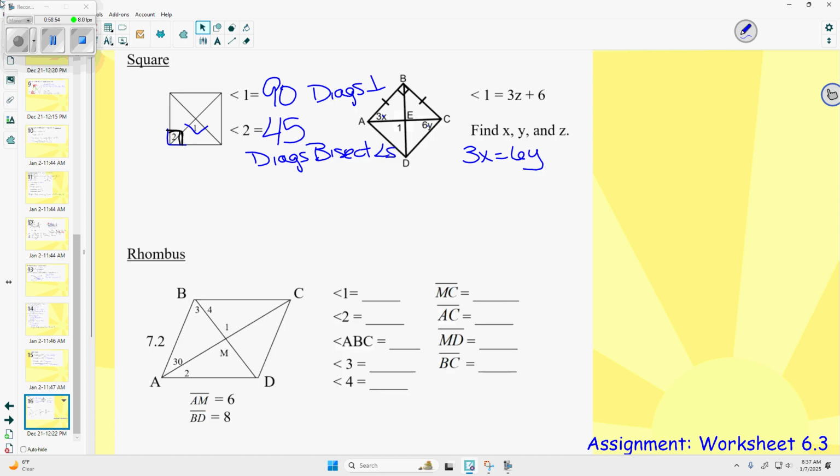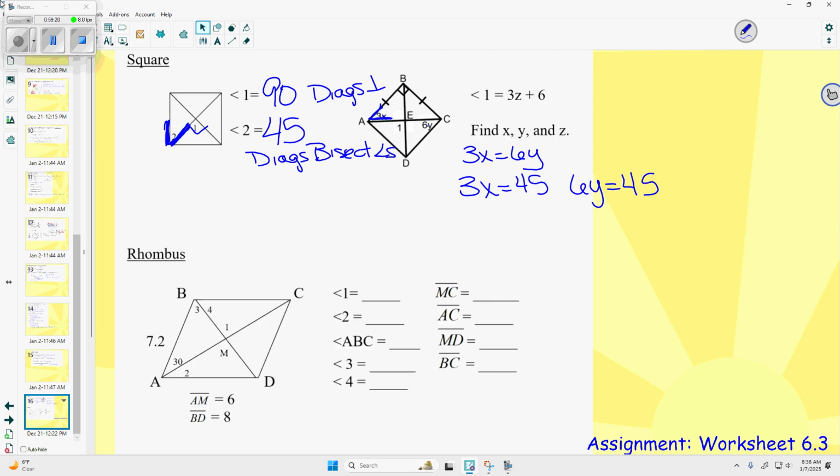Look at the last picture. What do we know about this piece? It's 45. So what do I know about this piece? It's 45. For both of them. Both of them have to be 45 because they're both half of that angle. And it's a square, so that's a right angle.